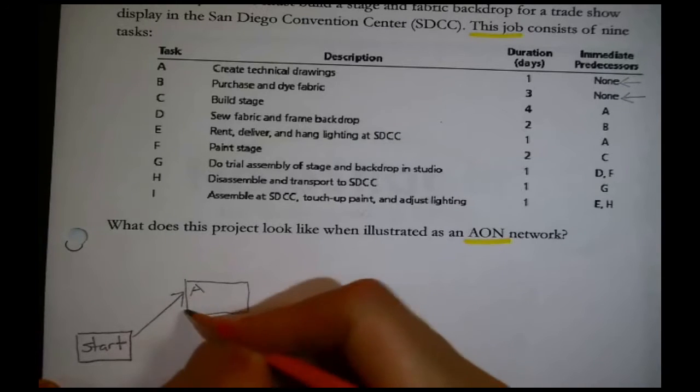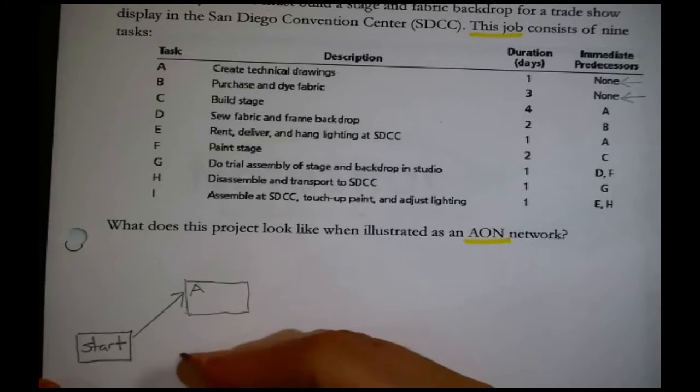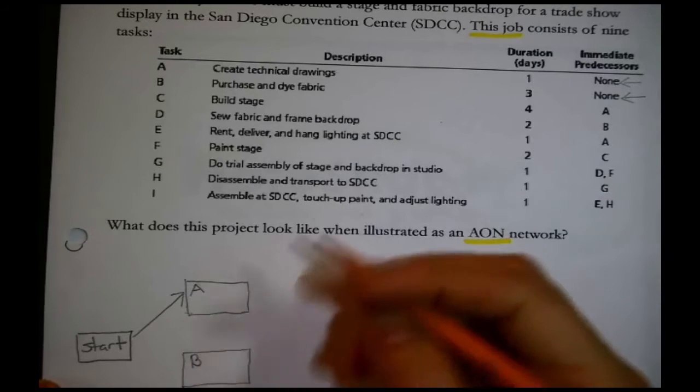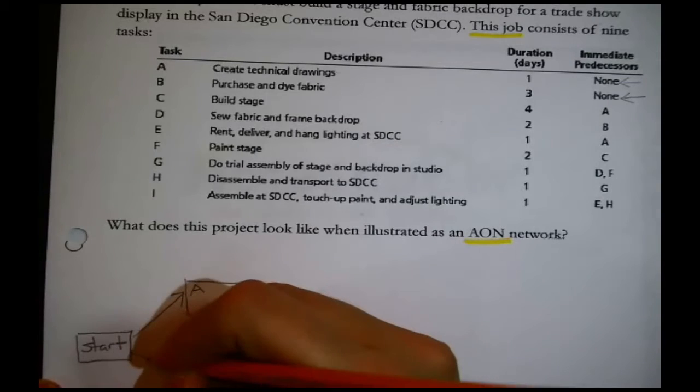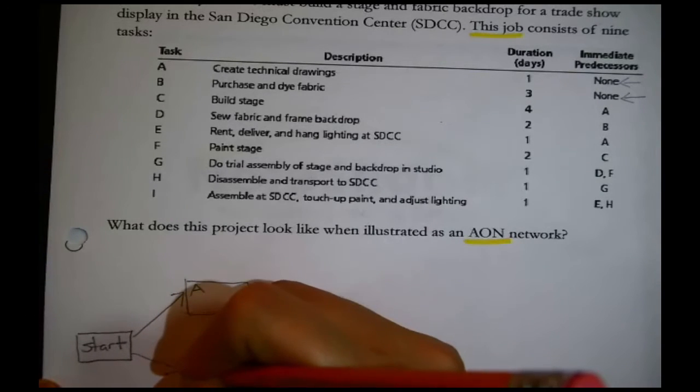From the start, you're looking for something to do. You could do A. Now notice I wrote the abbreviation in the upper left-hand corner. There's a reason for that later. It's a handy format. And down here, another symbol that represents B, purchase and dye the fabric. If you are looking for something to do at the start, you could do that right away.